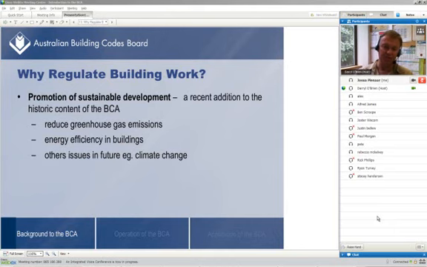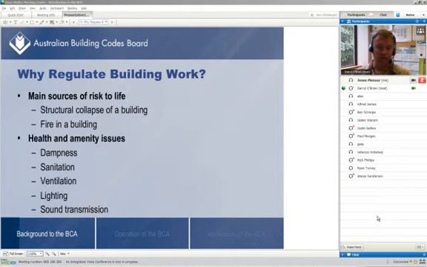In 2005 they amended that and enhanced the regulations, and also in 2005 energy efficiency requirements for classes 2 to 9s took effect. So why do we regulate building work? Main sources of risk to life are structural collapse of a building or fire in a building, but also we all have health and amenity issues, which are dampness, sanitation, ventilation, lighting and sound transmission.